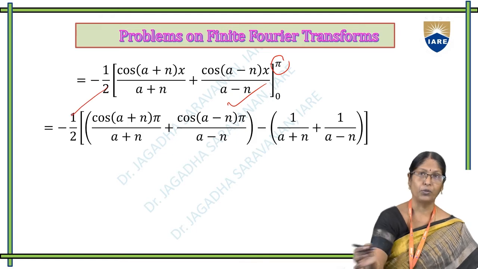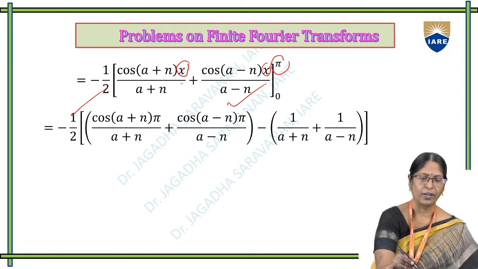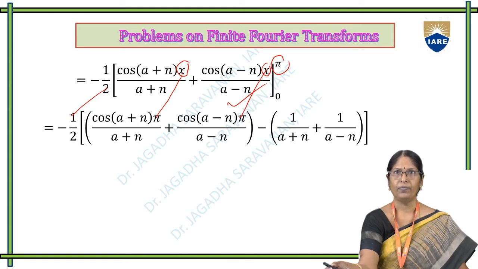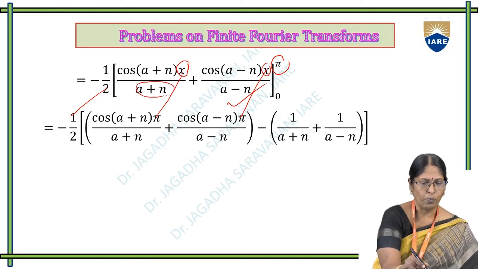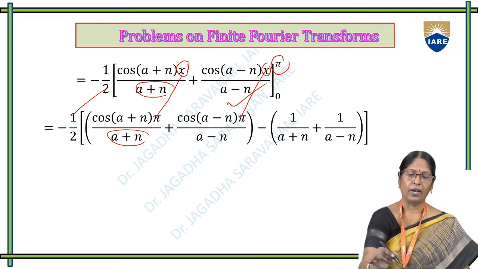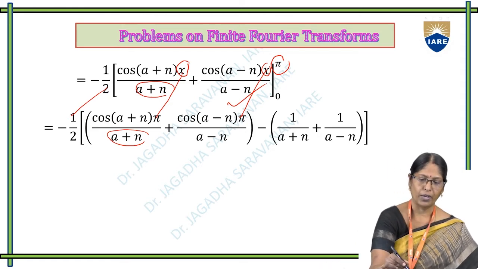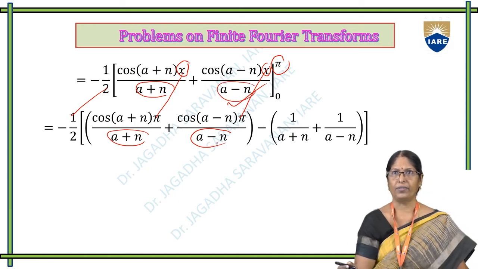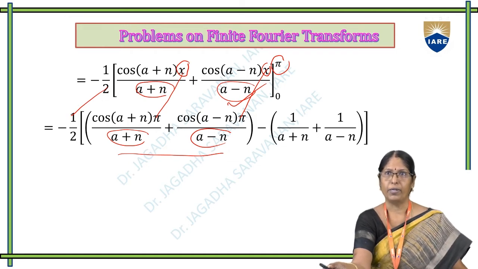So minus 1 by 2, wherever x is there, x is replaced by our upper limit. So cos of a plus n of pi. The denominator we didn't touch at all; as it is we write. Here also we substituted. So we completed the work regarding the upper limit.